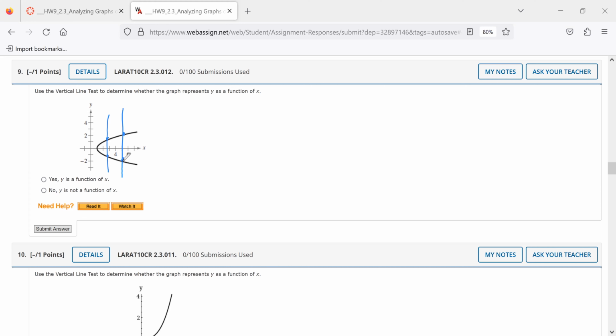So whenever that ever happens, then it's not a function. So if you had a normal parabola, you can see that it is a function because it's only going to hit one time. Right? So no, not a function. This is called a relation, but not a function. So that's an easy way you can check, is to just look at the graph.